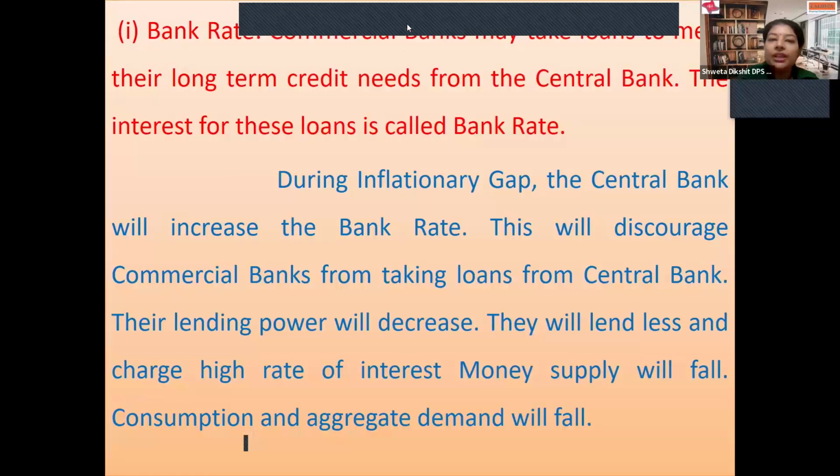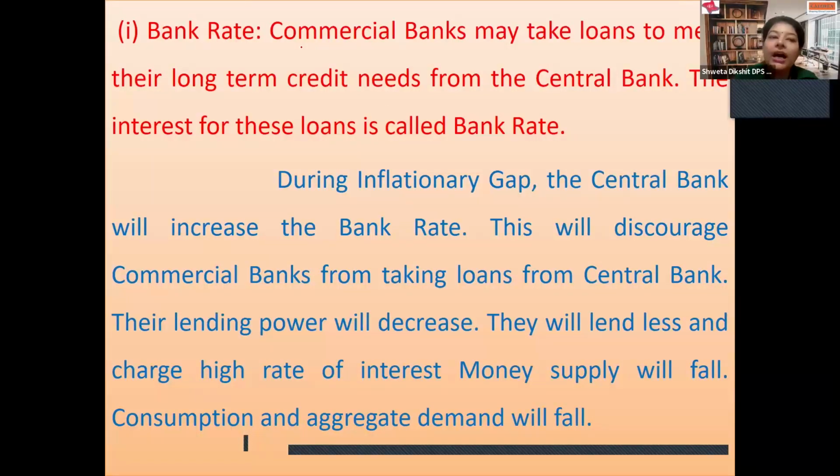Whenever there is an inflationary situation, the RBI will increase the bank rate. Now, what is the bank rate? Bank rate is the rate at which commercial banks borrow money from the central bank for their long-term credit needs.